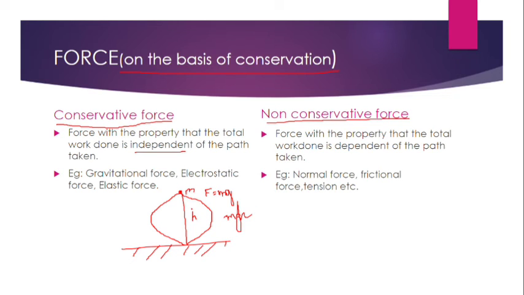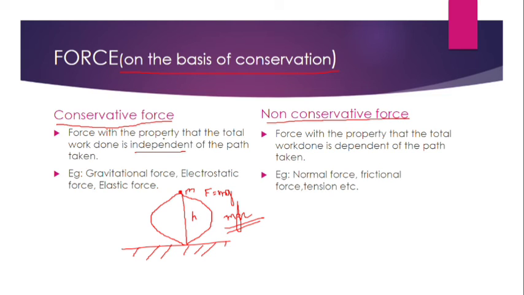Hence this force does not depend on any path, whether it has gone from this side or this side, the force will be mg and the potential energy will be mgh.